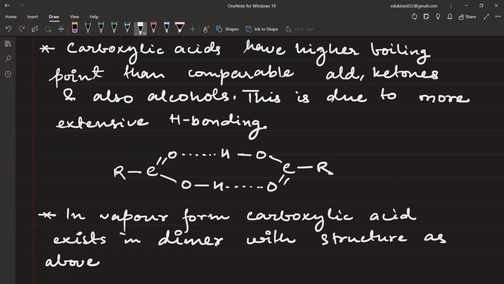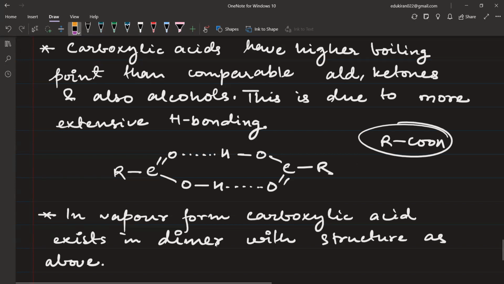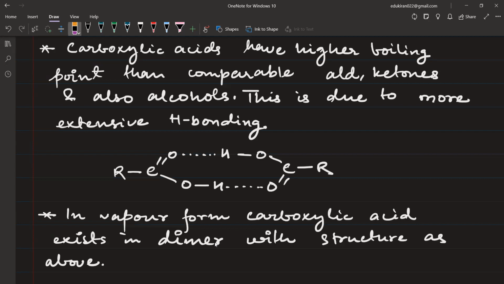This hydrogen bond is so extensive and so strong that if you evaporate carboxylic acid, it doesn't have this type of molecule. They have this type of molecule. They exist in dimer phase. So there is a question that can come in your board examination: draw the structure of carboxylic acid in vapor phase. You are going to draw this structure, and then you will write: in vapor state carboxylic acid exists as dimer.